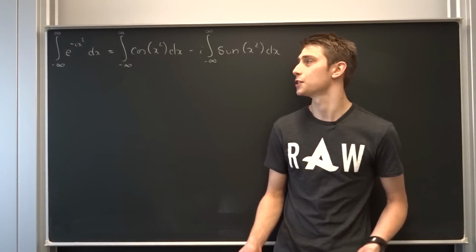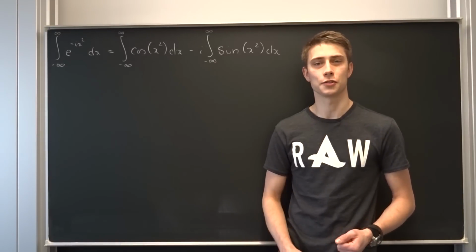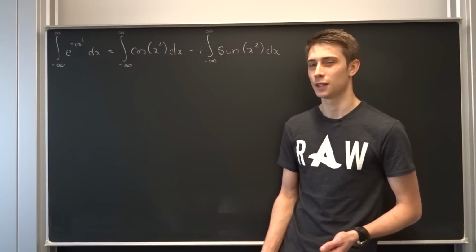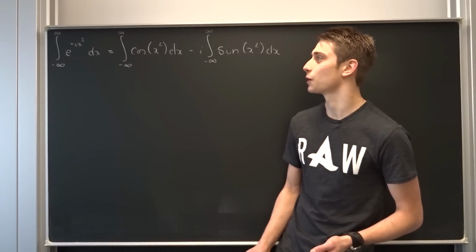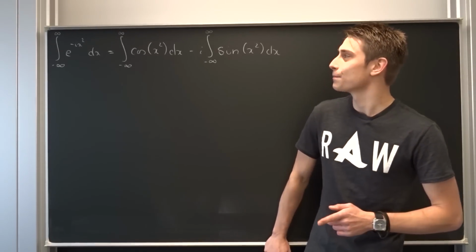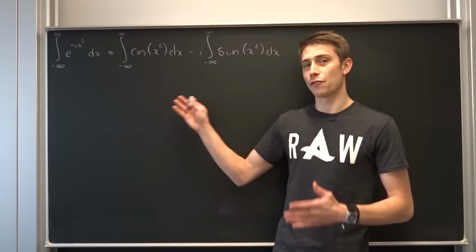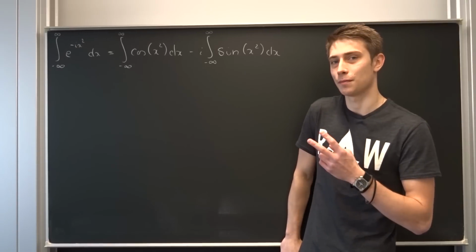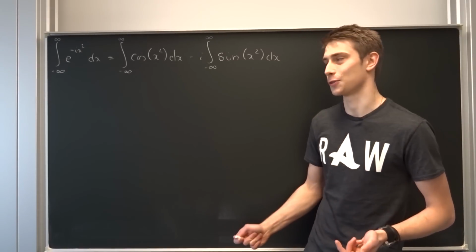A wise mathematician once said, "Let's kill two integrals with one stone." I don't know if someone ever said that, but still, we are going to do this today because you can solve both integrals by solving just one integral.